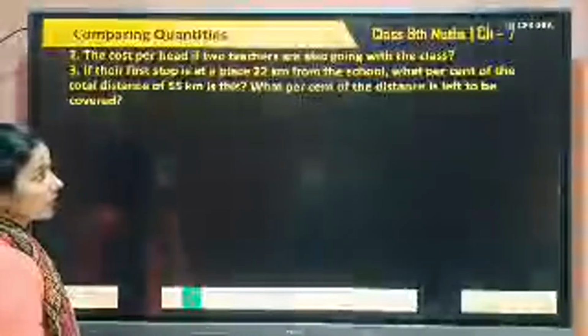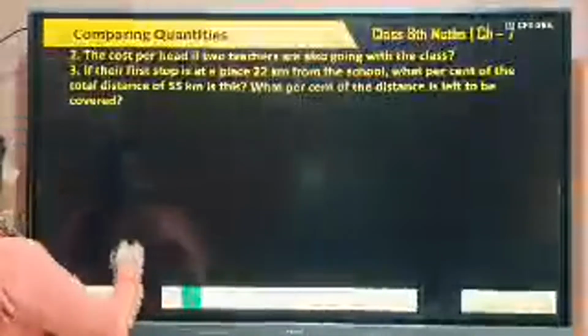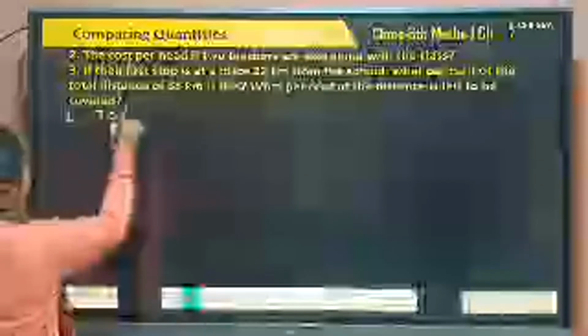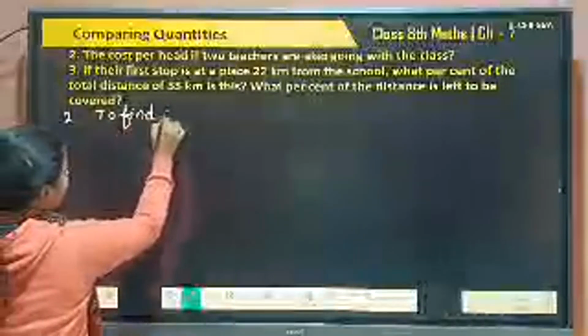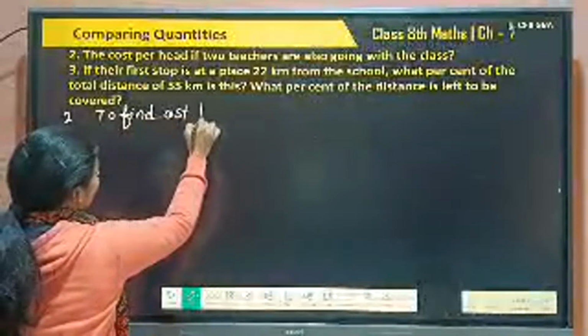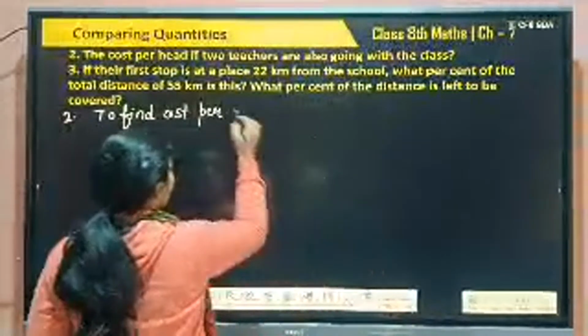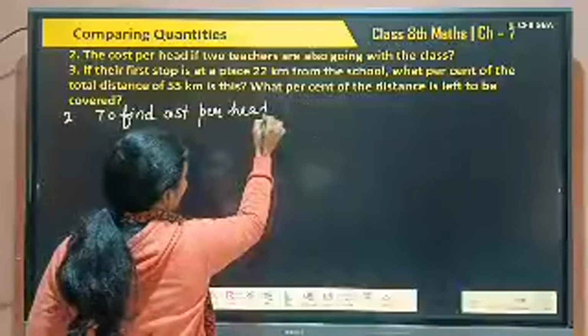What is the second part? The cost per head if 2 teachers are also going with the class. To find cost per head, what we need to find out?